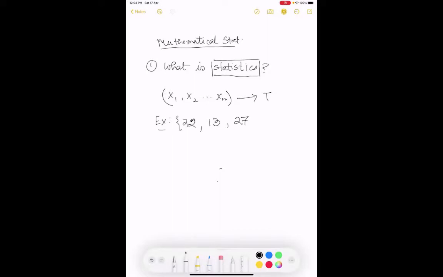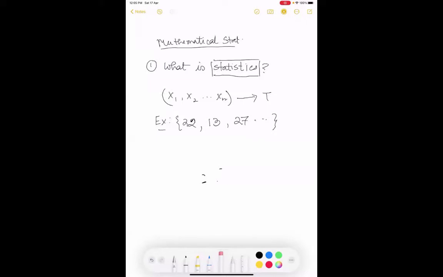So are these random variables, these 22, 13, 27, these numbers? These are the value of the function at these random variables. Correct. So they are realizations of the random variables. This is just one realization; the first random variable could have been 21 or 23 as well. It happens that we have seen 22.